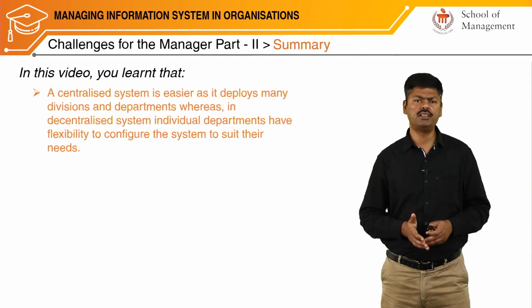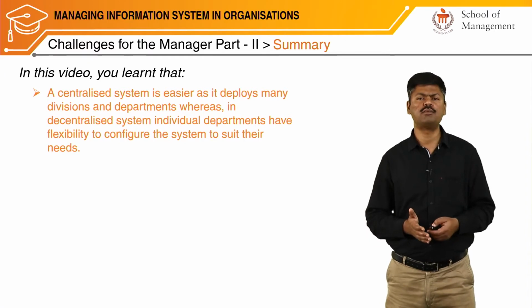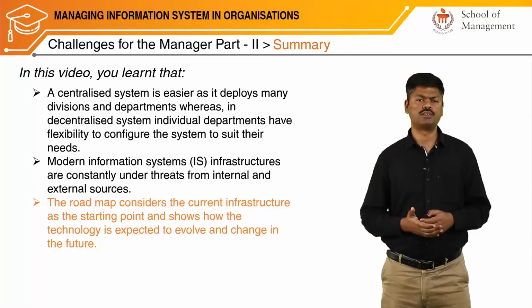In this video, you learned that a centralized system is easier as it deploys to many divisions and departments, whereas in a decentralized system, individual departments have flexibility to configure the system to suit their needs. Modern information systems infrastructures are constantly under threat from internal as well as external sources.